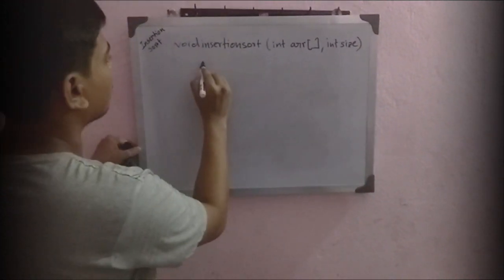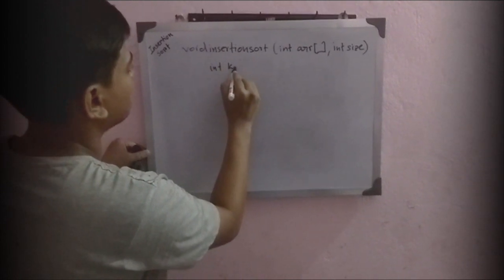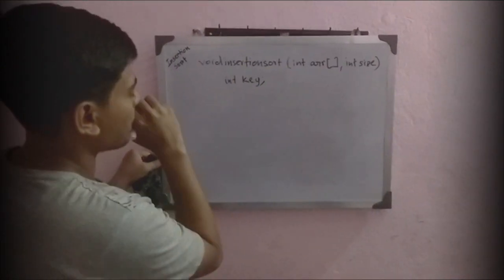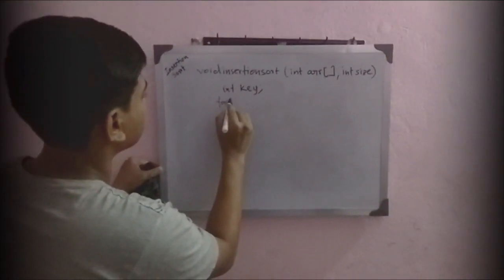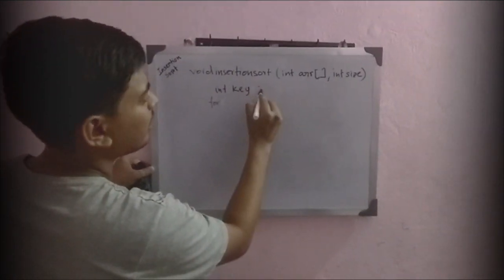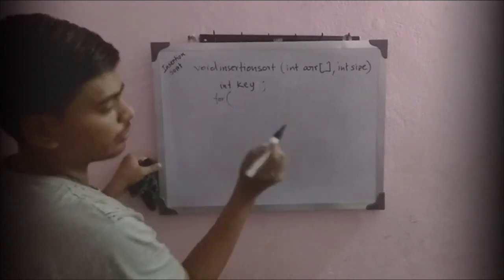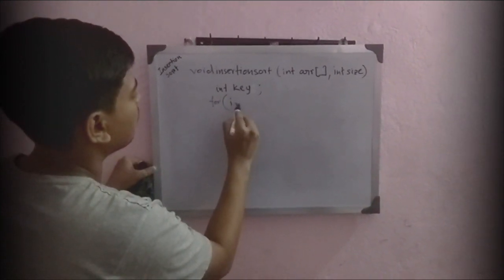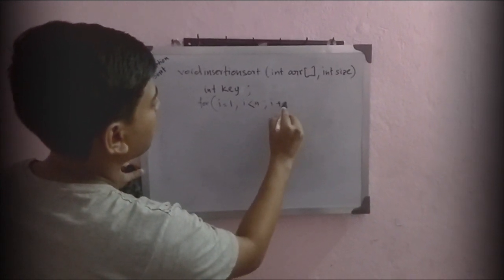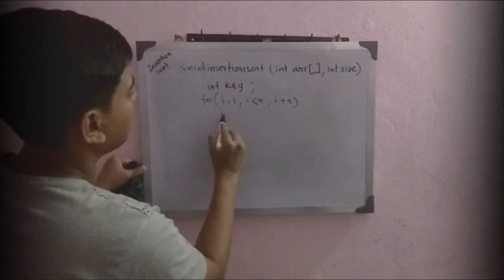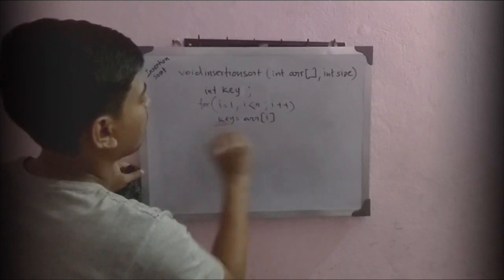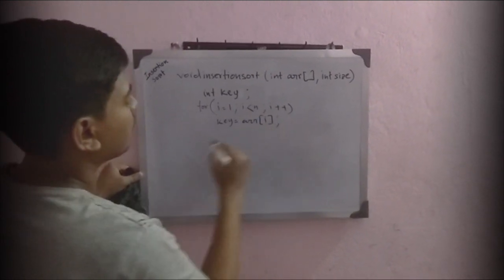So let's take a key as an integer, then for, we are writing pseudocode here. For i equal to 1, i less than n, i plus plus, let key equal to array of i.